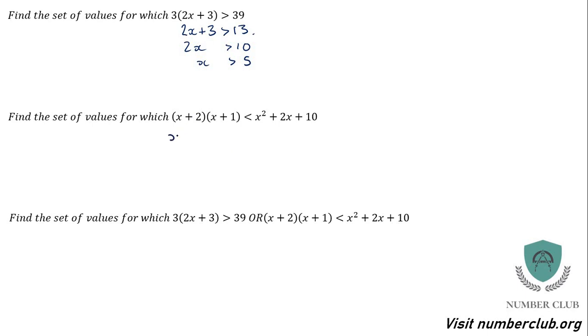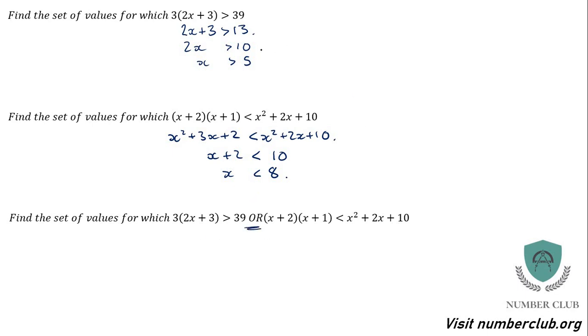Set of values, expansion here: x squared plus 3x plus 2 has got to be less than x squared plus 2x plus 10. I'm going to take x squared plus 2x off each side, and so I'll end up with x plus 2 has got to be less than 10, x has got to be less than 8.